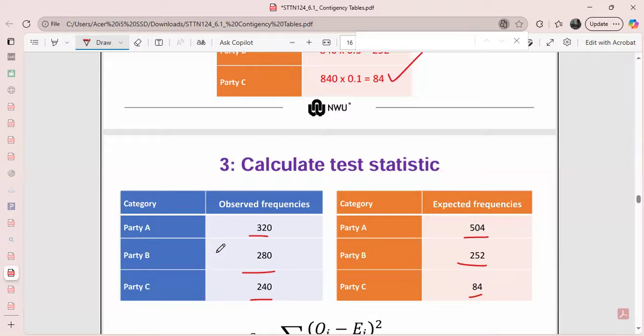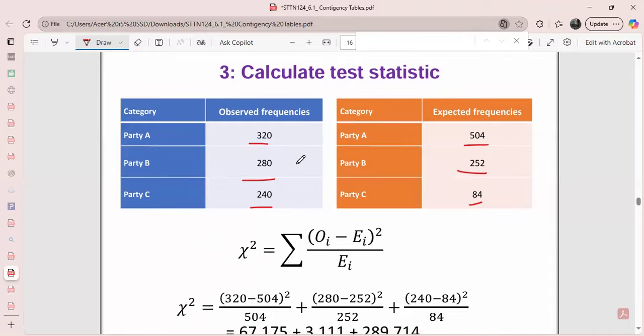Once you get the expected, obviously observed here is 320, 280, 240, it's going to be easy to calculate the test statistic. Another way, you will be given a table. On that table, you will have to calculate the expected frequencies using the totals, the row total multiplied by the column total, but I'm going to show how to do that at a later stage.